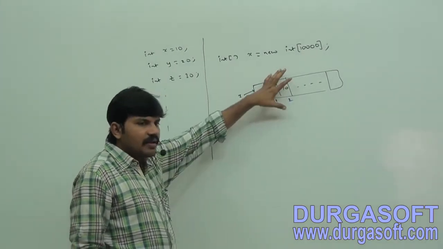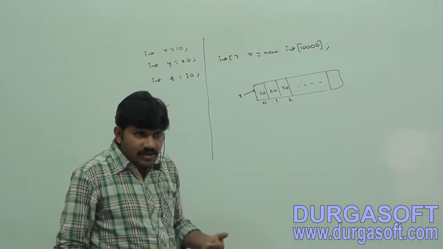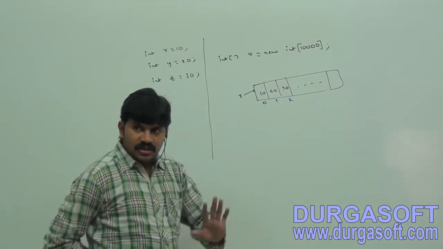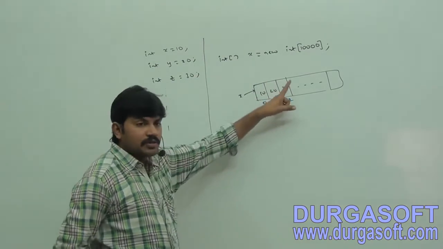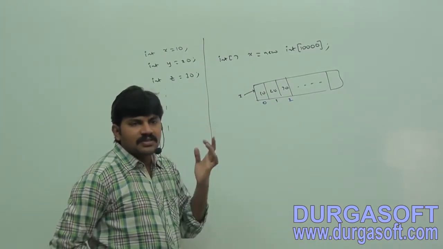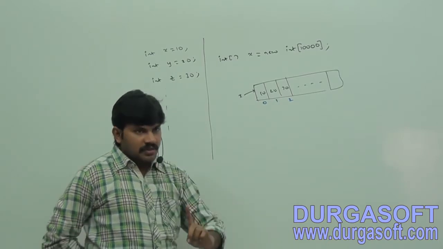Sir, what is the advantage of arrays? We can represent a huge number of values by using a single variable. That is the advantage of the arrays concept. But if you get something, you have to lose something; for every advantage there is some disadvantage also.